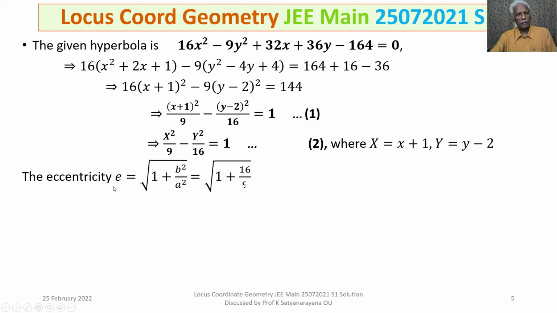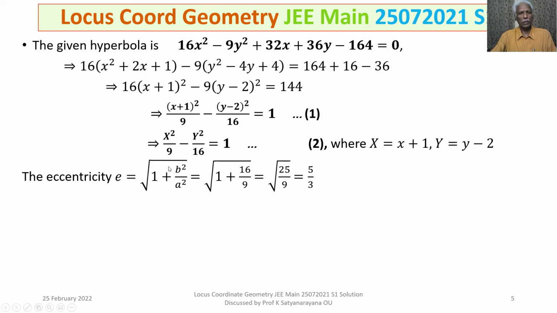The eccentricity E of this above hyperbola, we take the hyperbola 2, is the square root of 1 plus b square by a square. So the above 2 is capital X square by a square minus capital Y square by b square is equal to 1, and the eccentricity is the square root of 1 plus b square by a square.